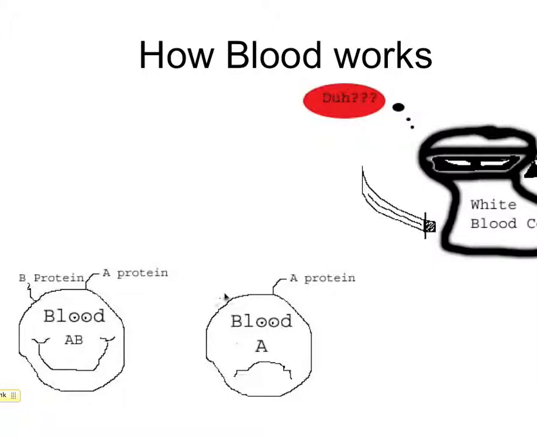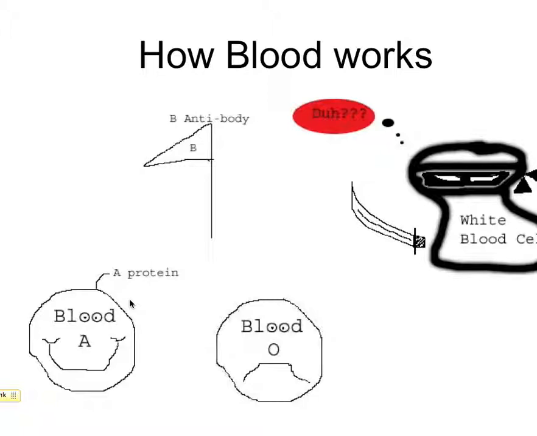The antibodies are opposite of the proteins, so I don't have any A or B antibodies. So if I'm given A blood, which doesn't belong to me, there are no antibodies to flag it, so the white blood cell doesn't kill it because there's no little flag saying, hey, kill this. So someone that has AB blood can accept A blood, B blood, or O blood, because O has none whatsoever.